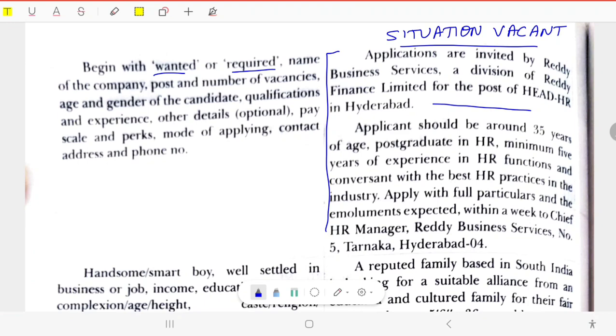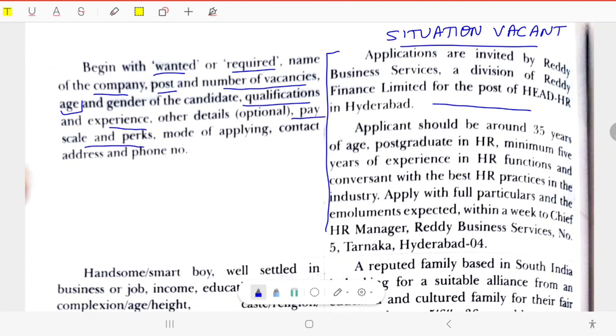The value points are: name of the company, organization or institute; for which post we are advertising; how many vacancies there are; whether we need male, female, or may write anyone can apply; qualification; experience; the pay; and the perks.